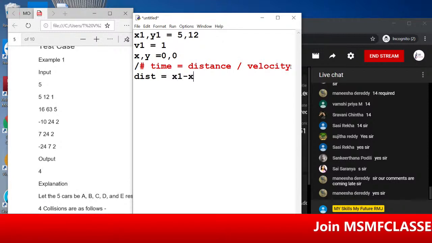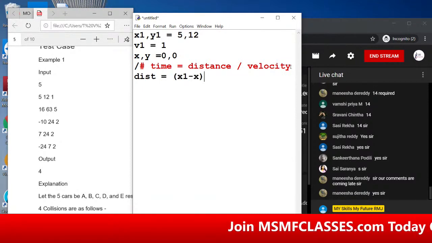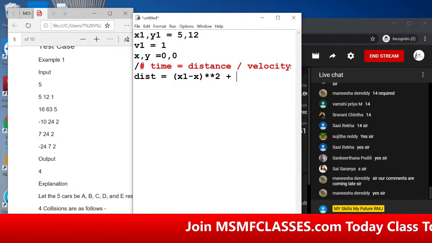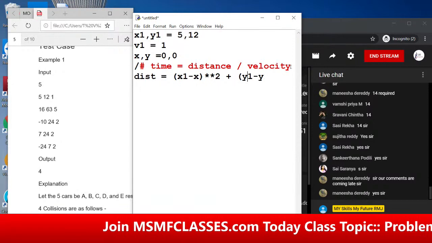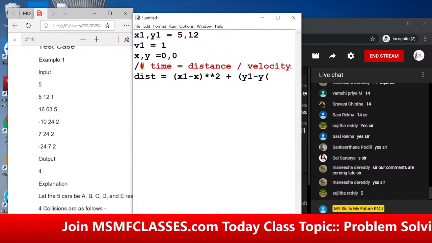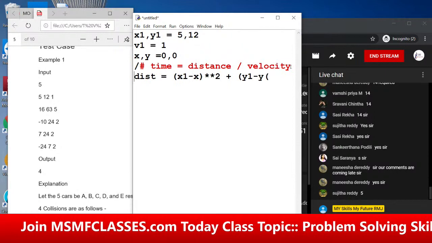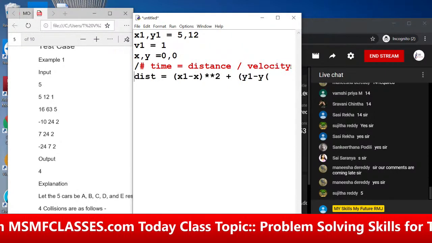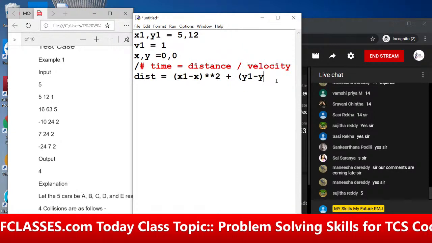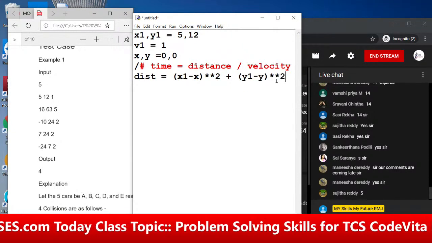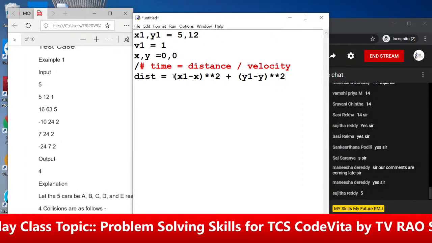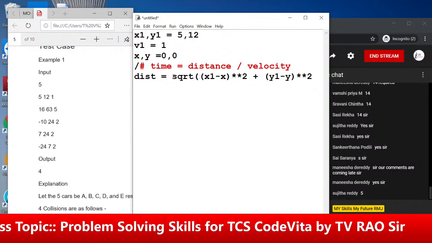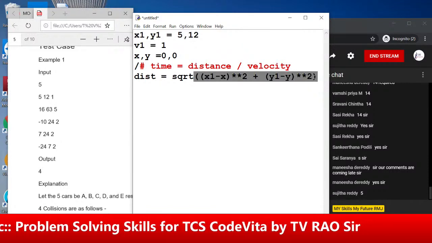x1 minus x whole square plus y1 minus y whole square, and for the whole square root, isn't it?